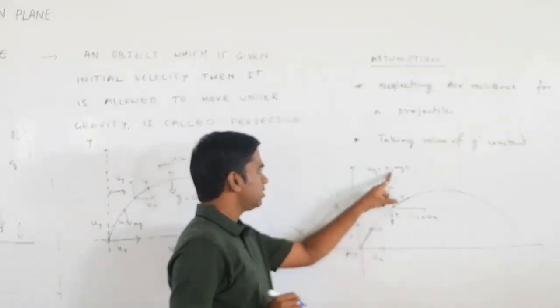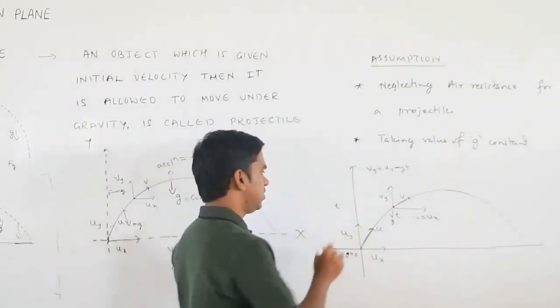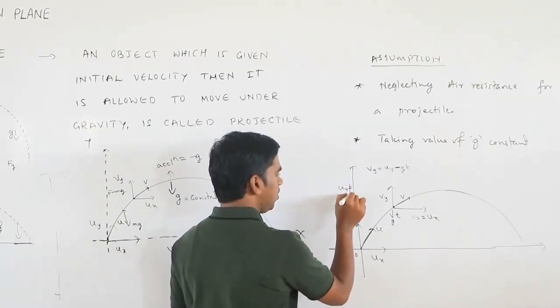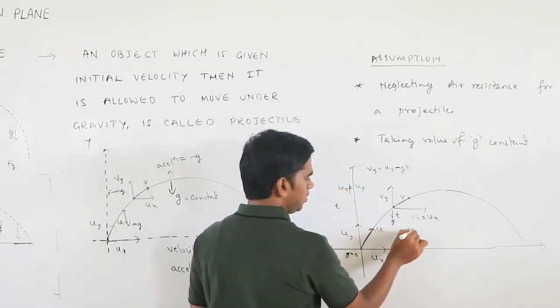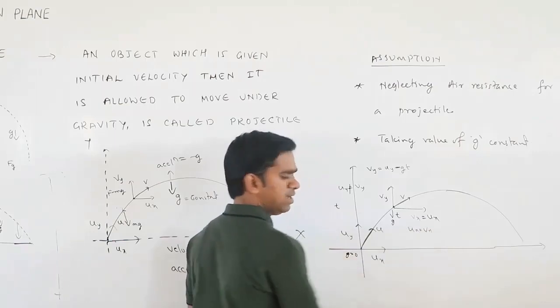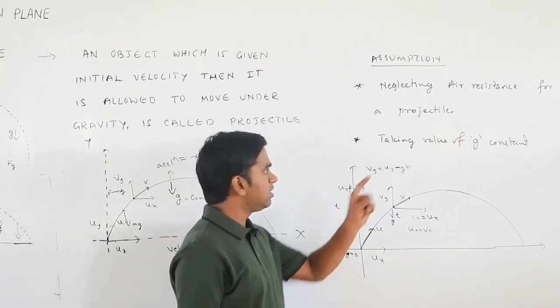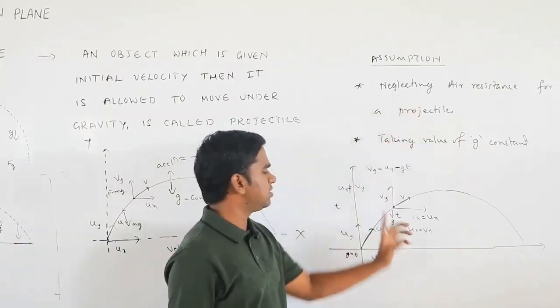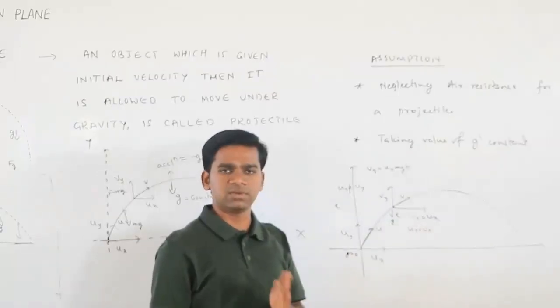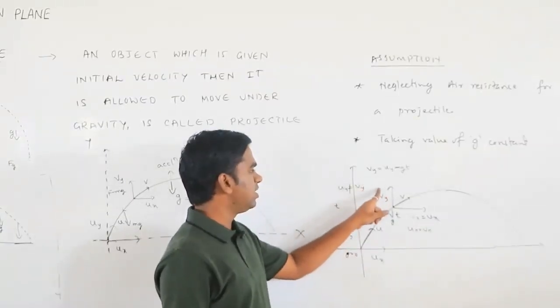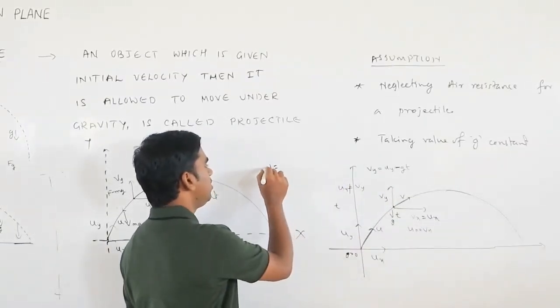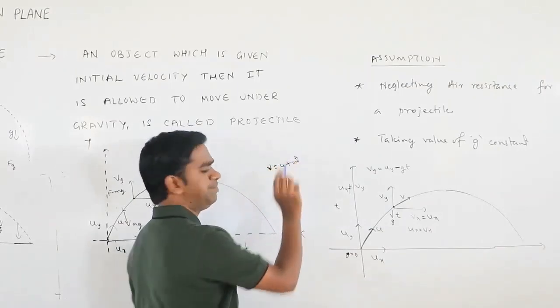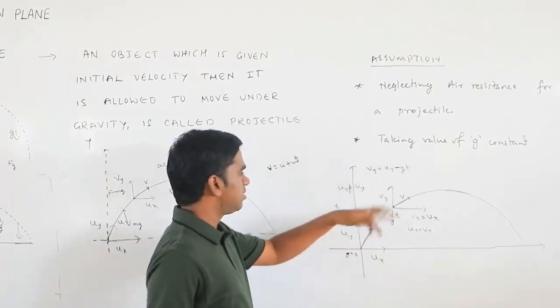Uy and vy are not the same. So uy is not equal to vy, but ux is equal to vx. Getting the point? That is what we have assumed: neglecting air resistance. So velocity along horizontal is constant, but not vertically. Vertically, we use the formula v equals u plus at, so you will get some different values.